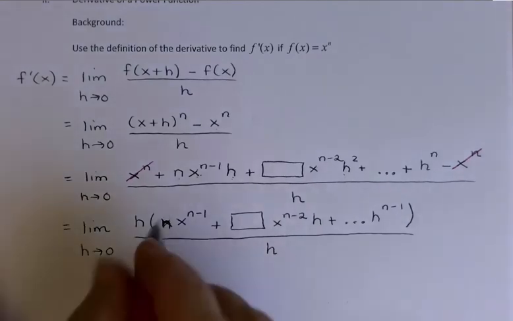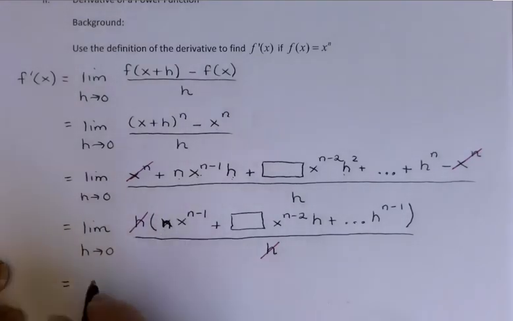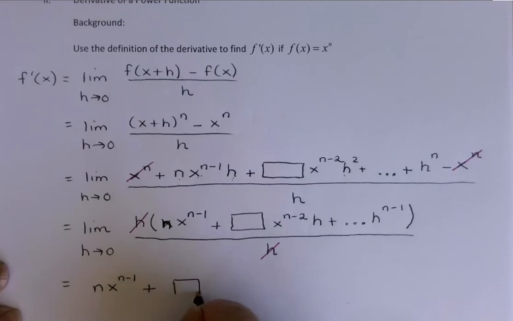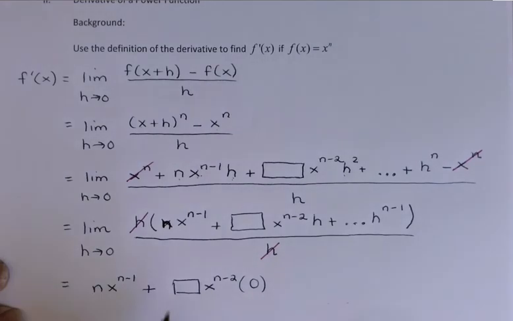All right, that's the second thing I did all this for, was to divide out those h's, which means we no longer have the problem with 0 in the denominator. And I should be able to just plug in h equals 0 now. So I have n x to the n minus 1 plus something times x to the n minus 2 times h, which is 0. And now you can see why I didn't really care what that number was, because I'm going to multiply it by 0 anyway.